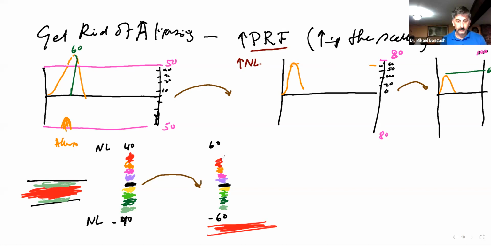Because now red represents between 50 to 60 Doppler shift. We could say the Doppler shift was plus 50 centimeters per second.